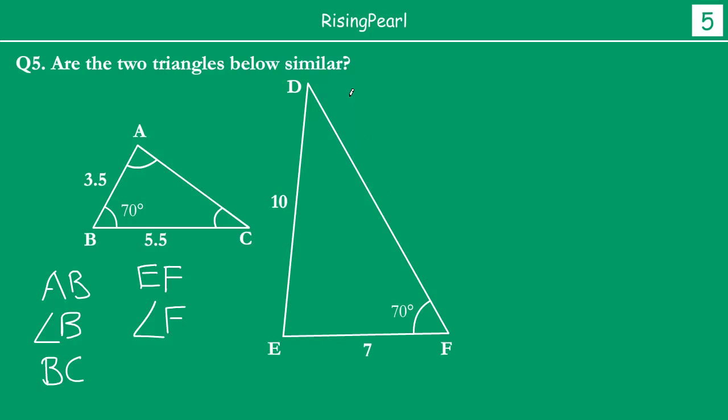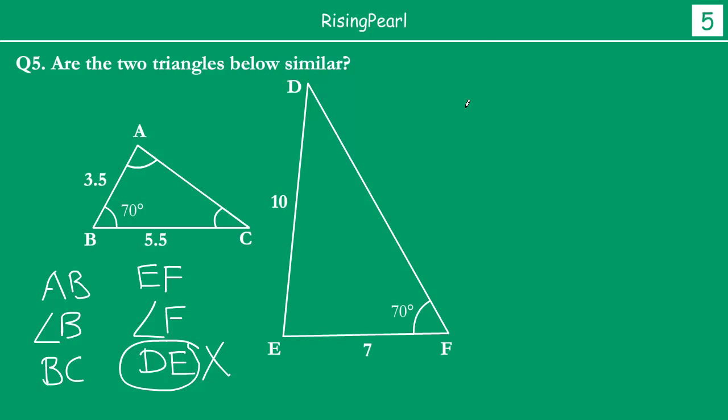We need the measure of DF to say whether these two triangles are similar or not. But instead of DF, we are given the length of DE. So this information will be of no use for us.